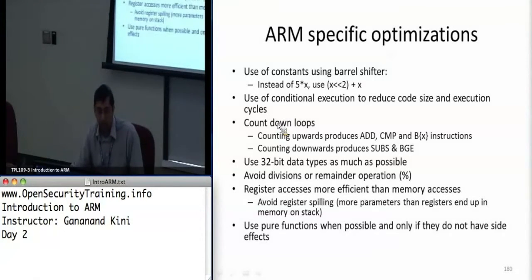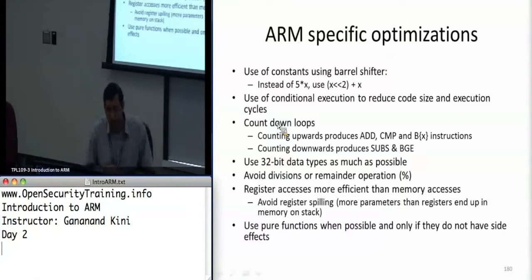Register accesses are always more efficient than memory accesses. Registers are implemented as flip-flops in the hardware, so the ARM processor can directly access these values as opposed to asking the memory controller to go fetch something. As part of this, you also want to avoid register spilling.